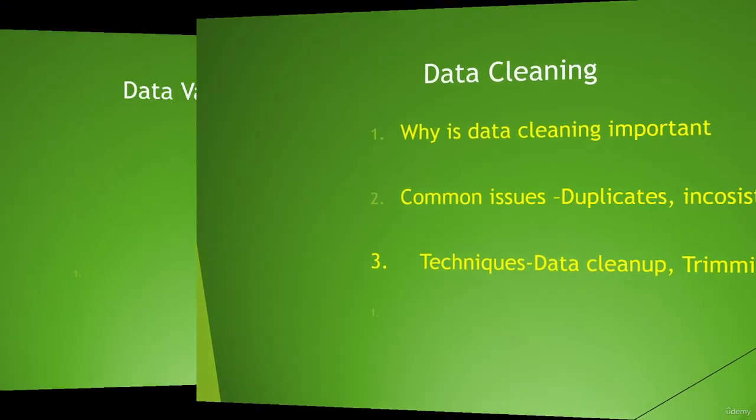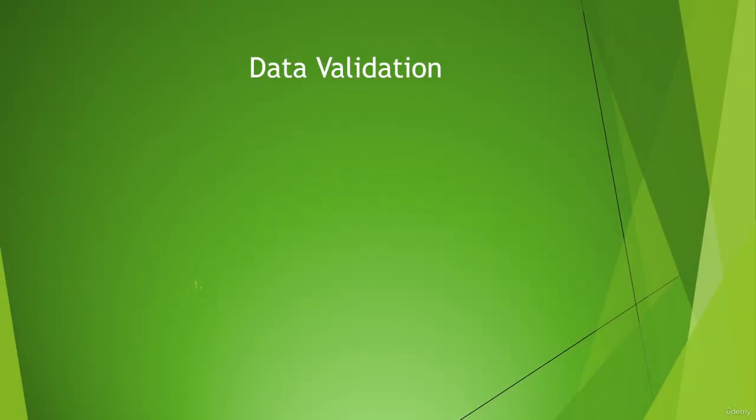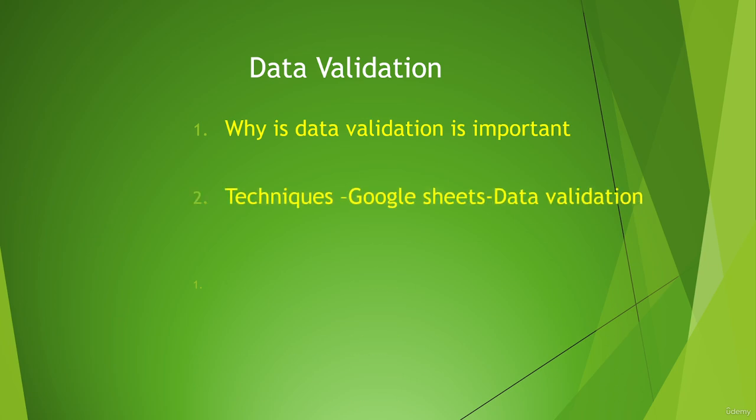Then next we have what we call data validation. Data validation, in simple terms, is preventing wrong input during data entry. When it comes to Google Sheets, you can click on Data, then click on Data validation.